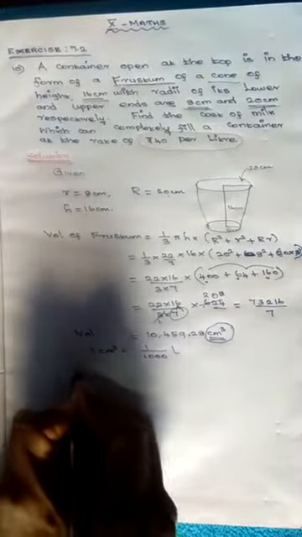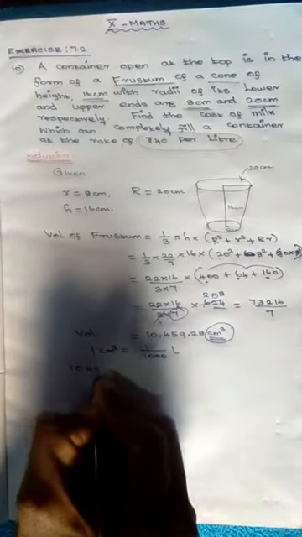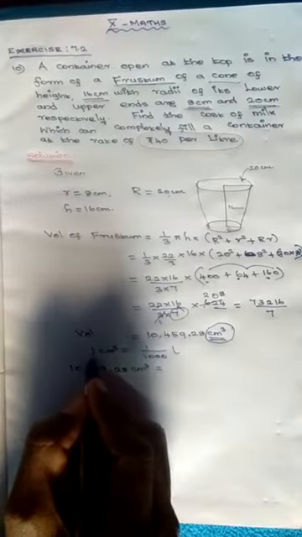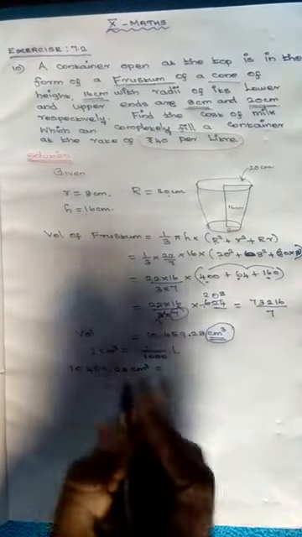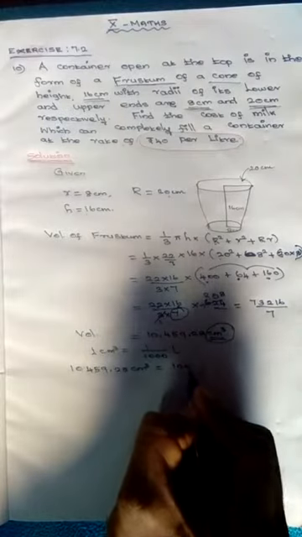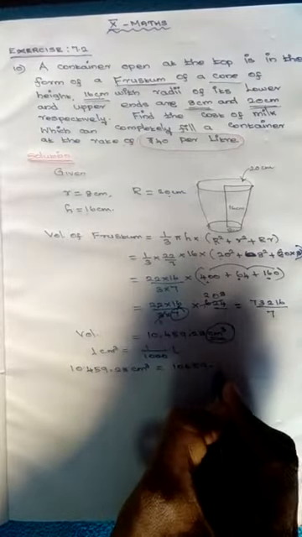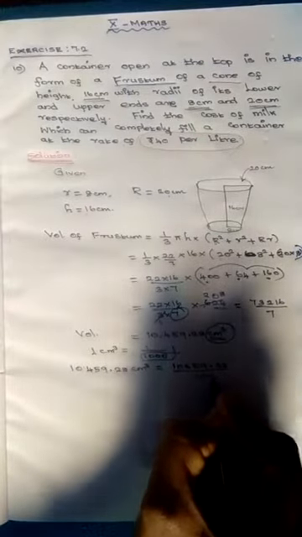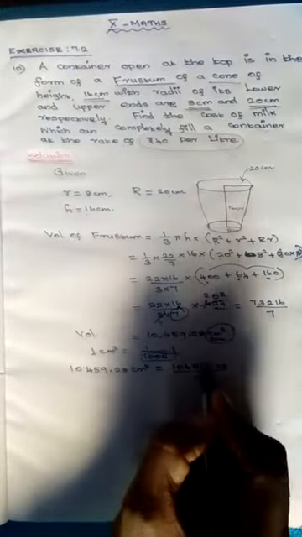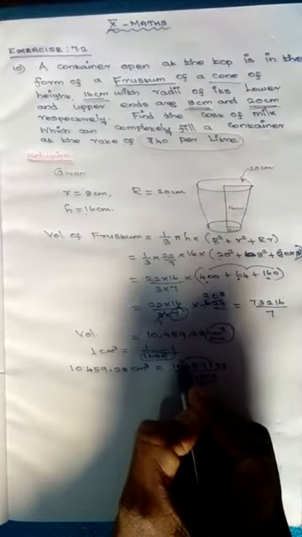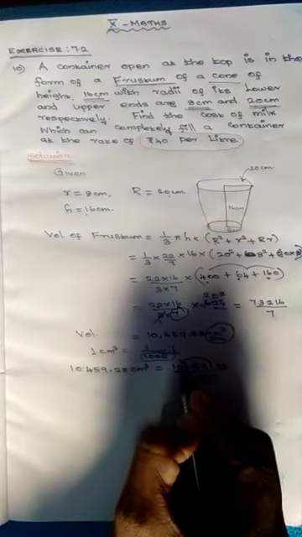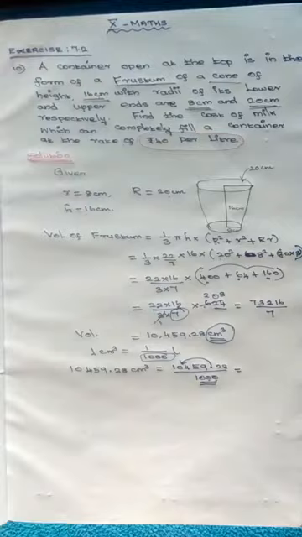So 10,459.28 centimeter cube divided by 1000. Any number divided by 1000, its decimal will move to the left side. Three zeros means we move the point three digits to the left.